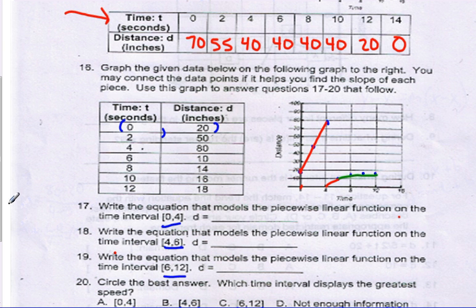But what you're going to do is, for each one of these, you need to calculate your slope for 17, for 18, and for 19. What you need to do is use the formula for slope, that slope is y2 minus y1 over x2 minus x1.